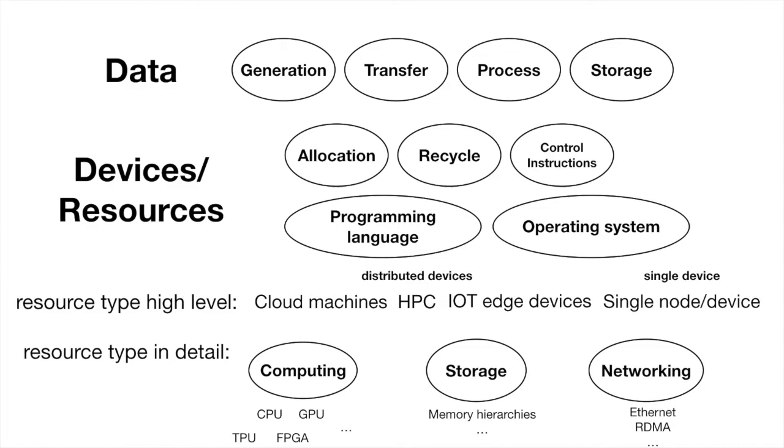Besides, we also need system software such as programming language compilers and operating systems to bridge the high-level interface and the actual devices. There are all kinds of devices in general, such as cloud machines, high-performance computers, personal computers, edge devices, or even your cell phone.